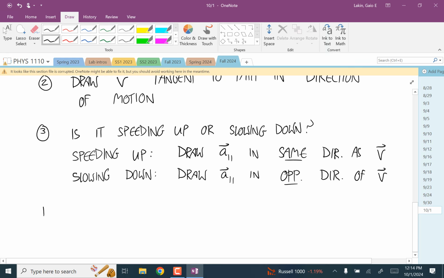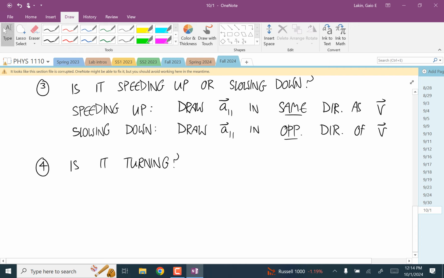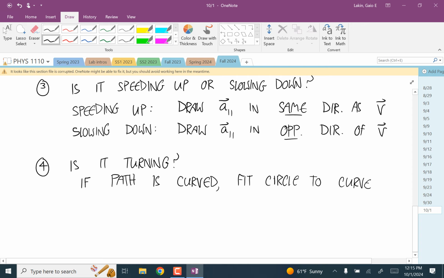Now for step 4, ask yourself, is it turning? If the path is curved, because that's what it means for the thing to be turning, fit a circle to the curve, and then A perpendicular points towards the center of the circle.